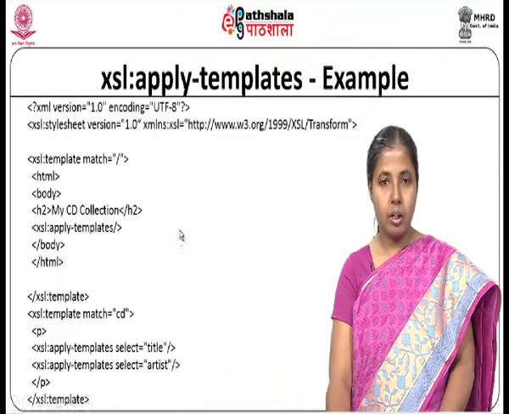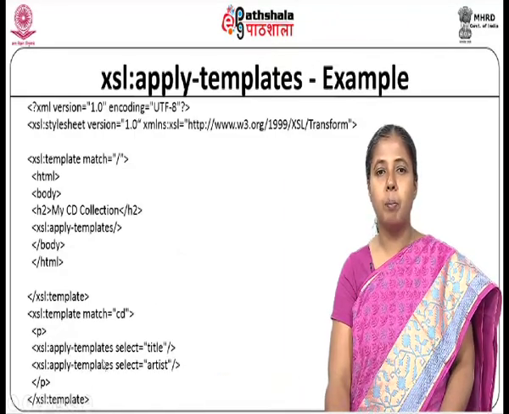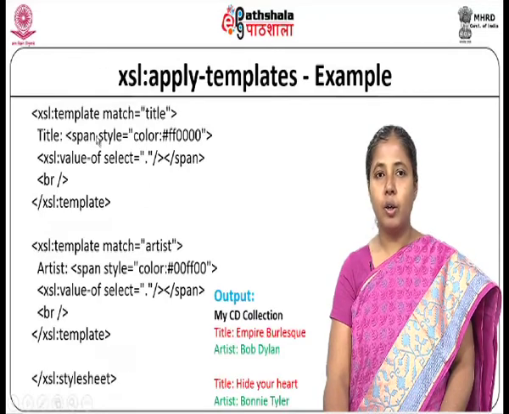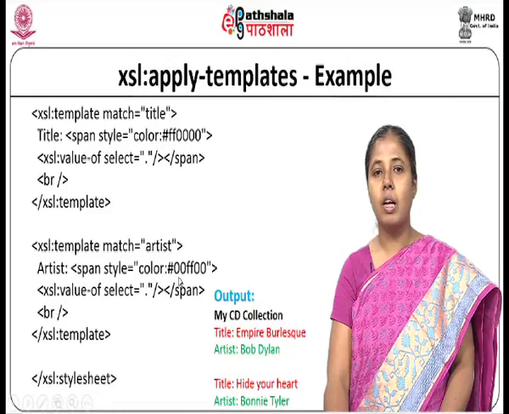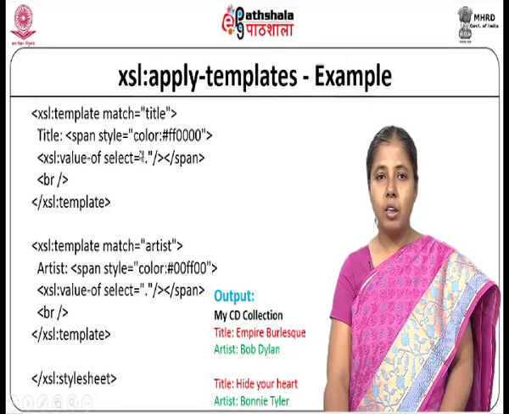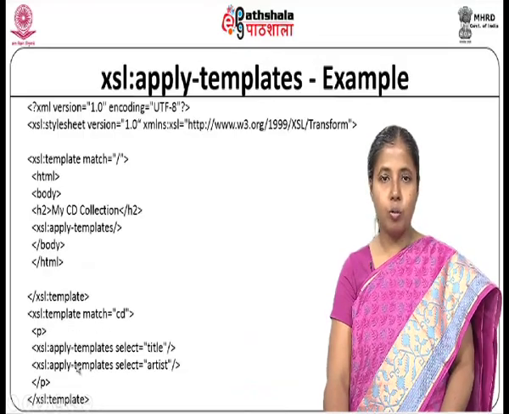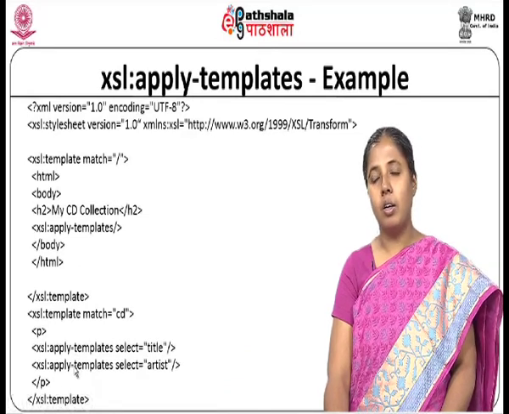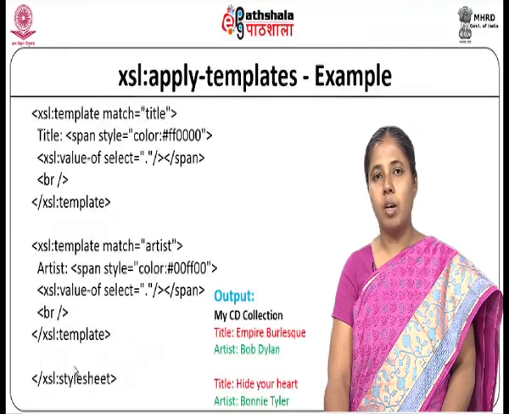In the example code, you have specified a template like this: style color equal to red for the title, and for the template which matches an artist you have given a different color, green. So, this is where you make use of apply-templates, and you can write different templates and apply them.